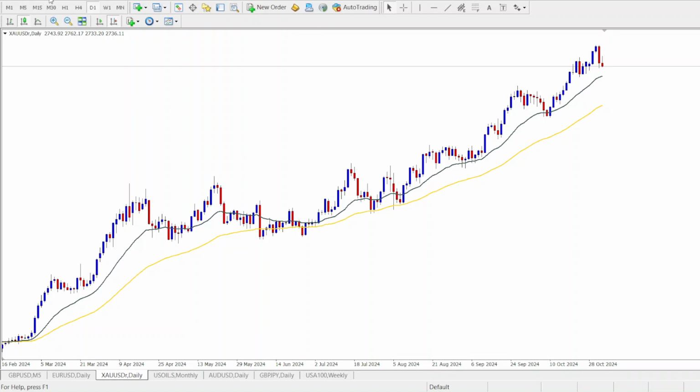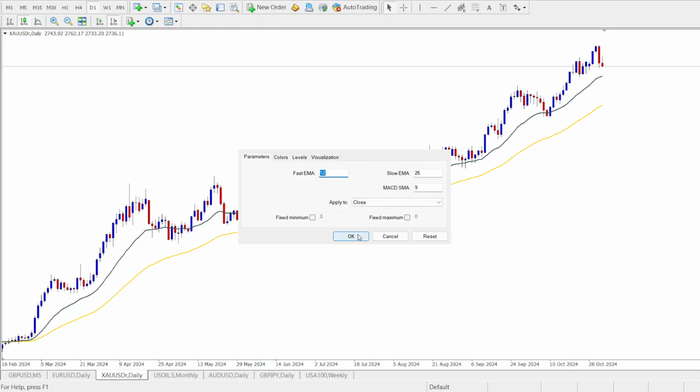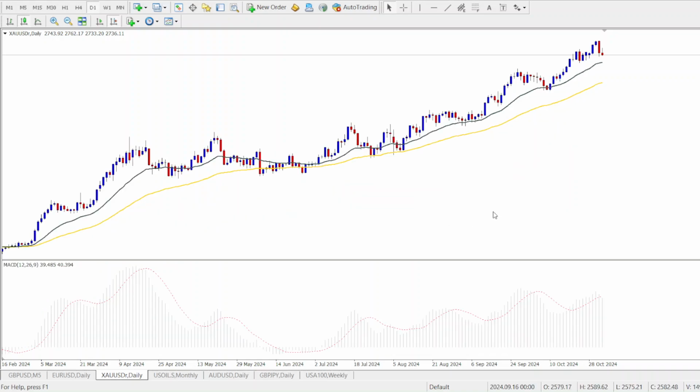So the second indicator we are going to be considering is the MACD, the moving average convergence divergence indicator. That is the next indicator we are going to be looking at. All right, now this indicator calculates the difference between two moving averages, offering both trend direction and momentum.